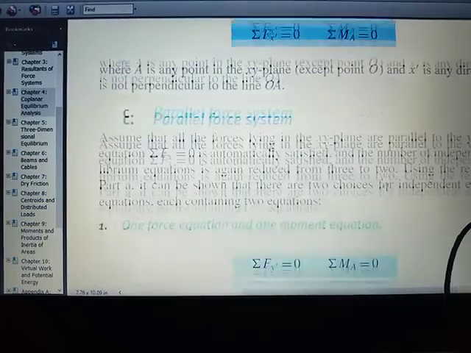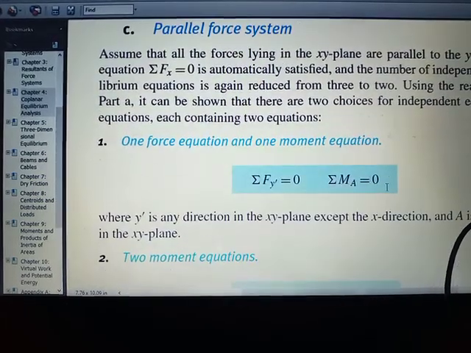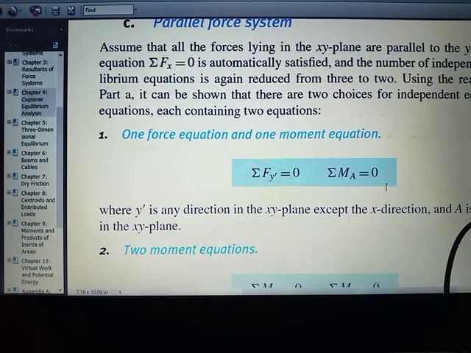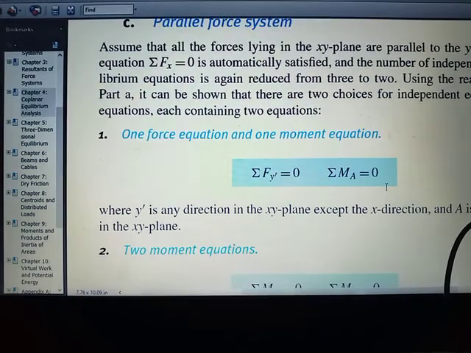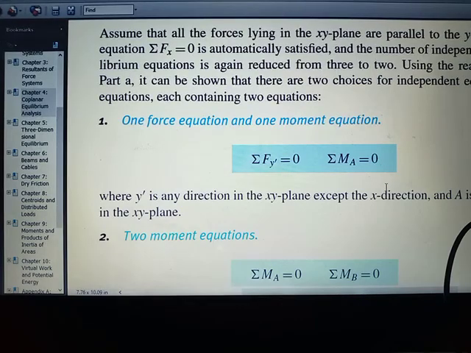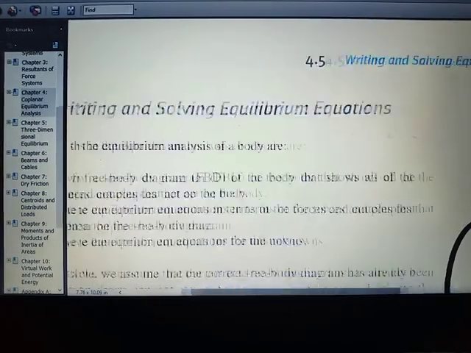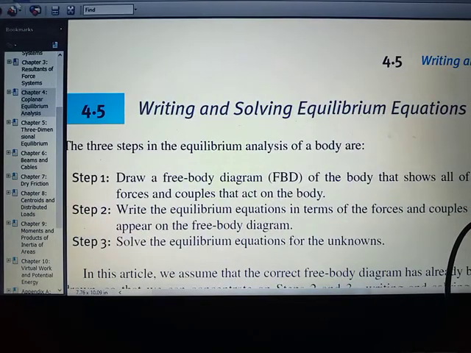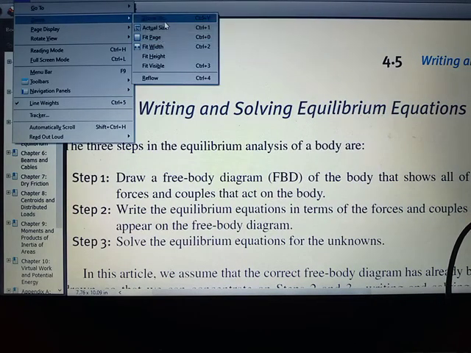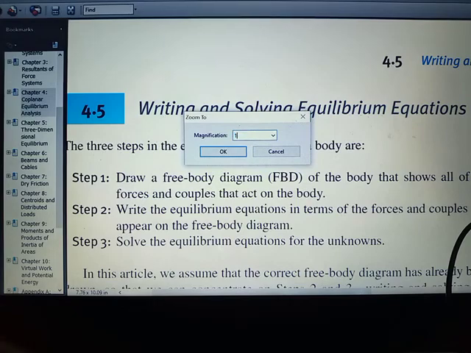Okay? For parallel force system, pwede mong gamitin to, okay? So, applicable din to sa two-dimensional. Isang forces, one force equation and one moment equation. And then two moment equations. Okay, so medyo lakihan natin, okay. Medyo malaki. Okay.